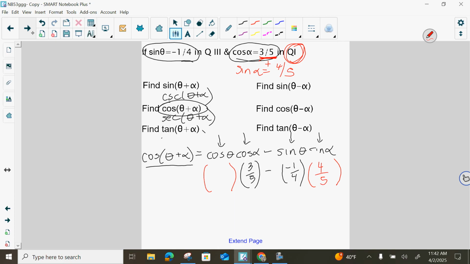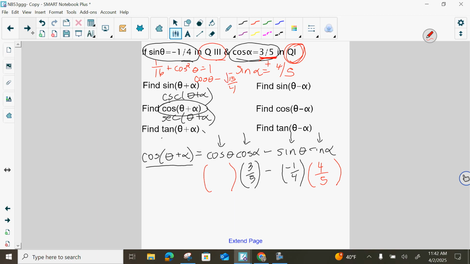If it's not one of those, like the first one, I'm going to do sine squared plus cosine squared equals 1. So cosine of theta is going to be positive or negative rad 15/4. Donovan, which one, positive or negative? Negative.